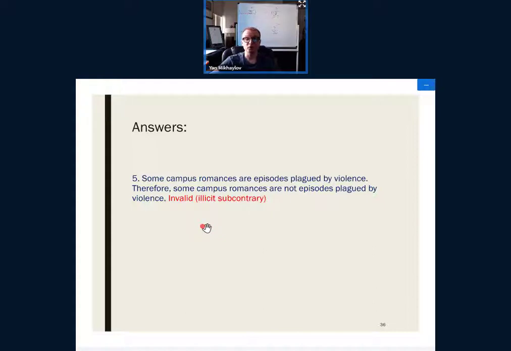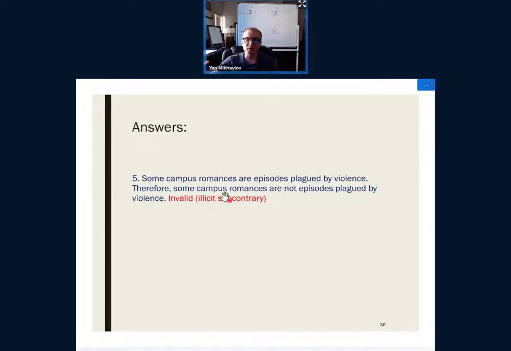Now let's think about it in terms of just what it says, right? Not about the square. So the logic here is this. If you are saying some campus romances are episodes plagued by violence, you are assuming that there is at least one campus romance which had violence, right?